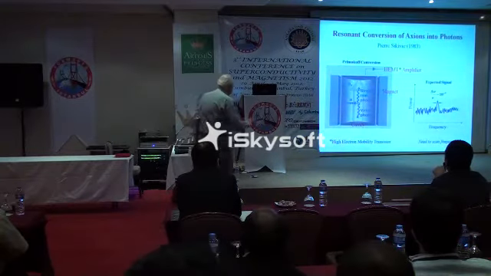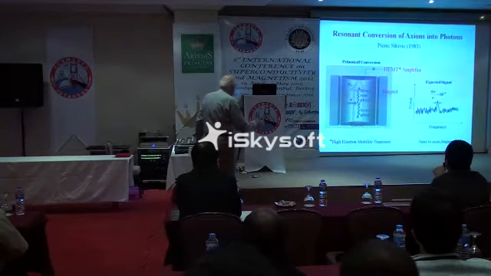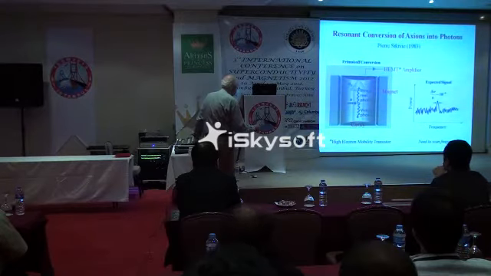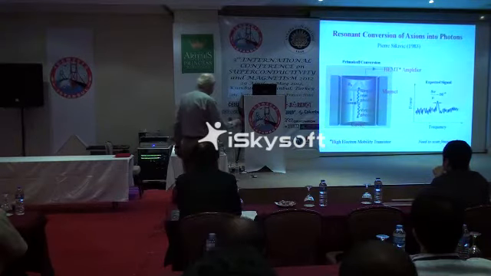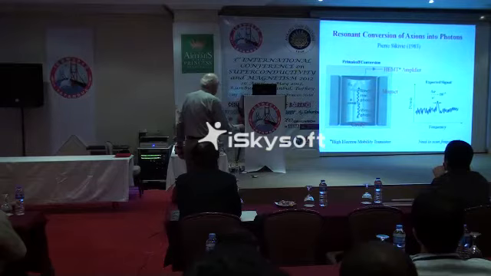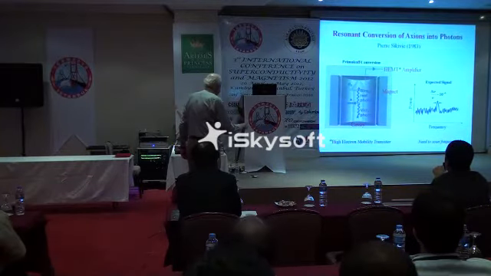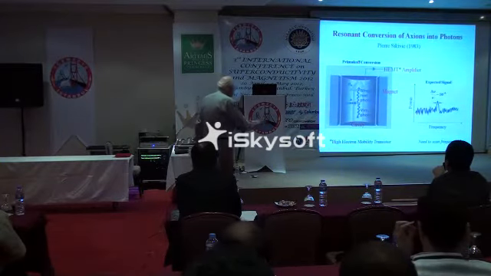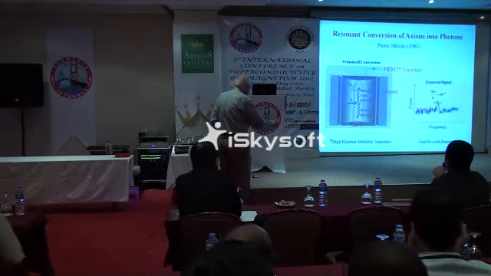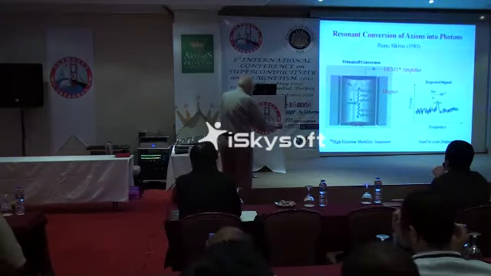So the detector consists of a cavity surrounded by a superconducting magnet. And the idea is that you would like the photon frequency to correspond to a mode of this cavity, so that it would be on resonance. So on the right-hand side here is the power in the cavity versus frequency.